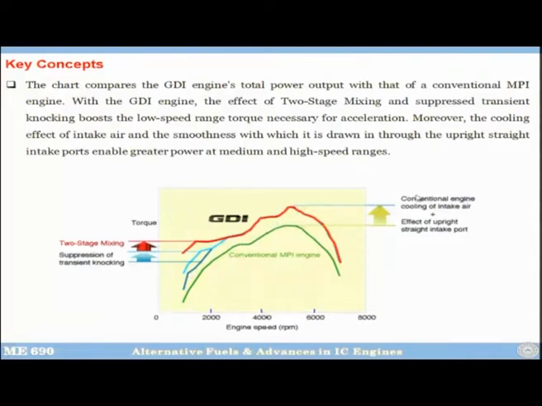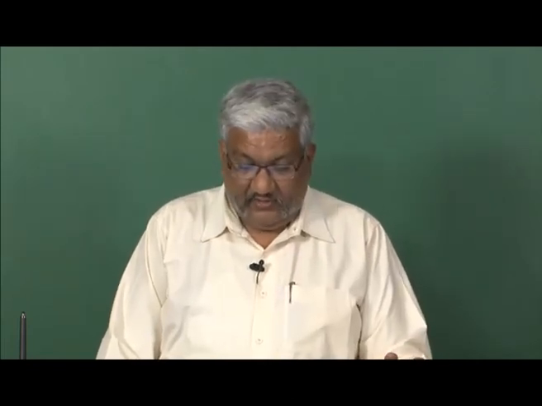Since you are able to cool the intake air, the volumetric efficiency goes up, and also you are using a straight upright port, that also increases the volumetric efficiency. So in the entire range you get more torque, and these two engines are the same 1 liter swept volume. So it is an apple to apple comparison.